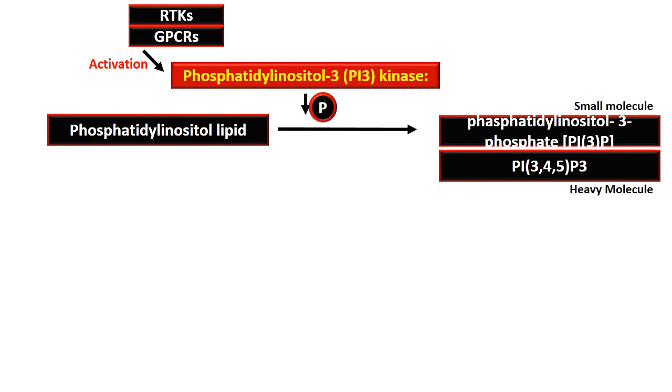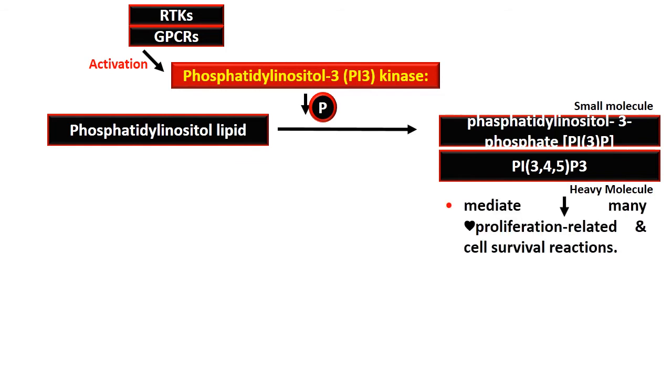The PIP3 is a heavy molecule while PI3P is a small molecule, and these mediate many proliferation related and cell survival reactions.